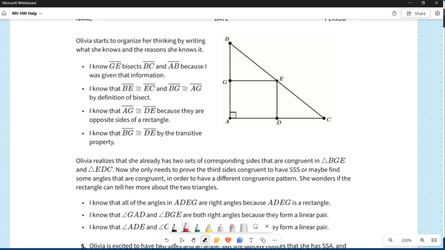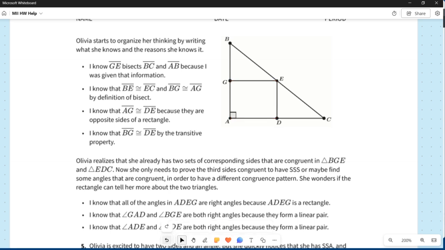So, just to summarize, Olivia's teacher has said that this quadrilateral is a rectangle. So we are allowed to treat that quadrilateral with any of the properties of rectangles that we are familiar with.